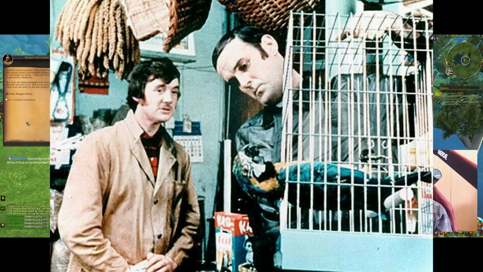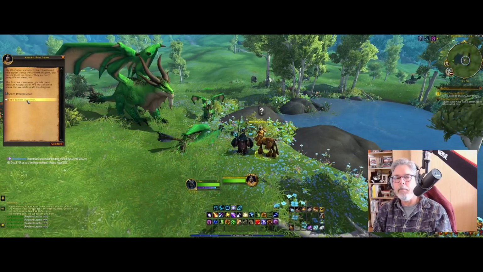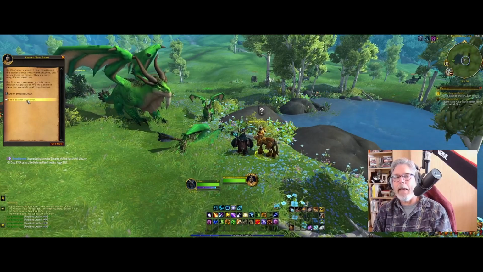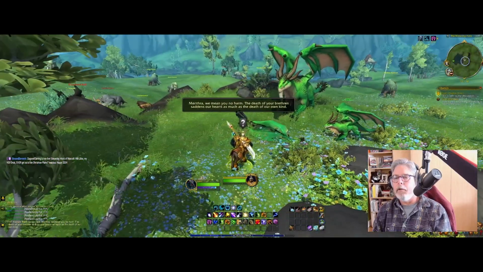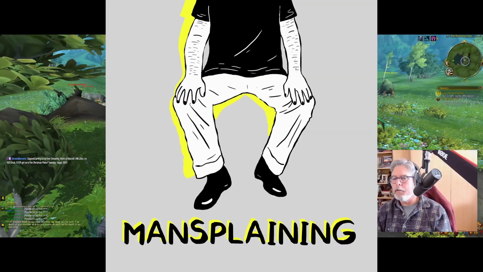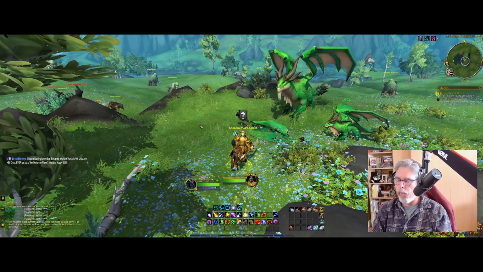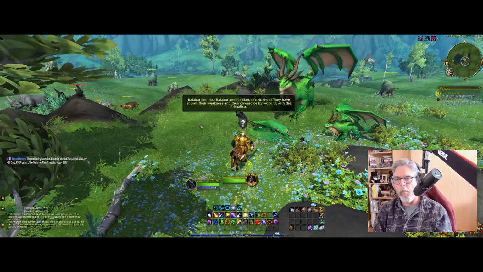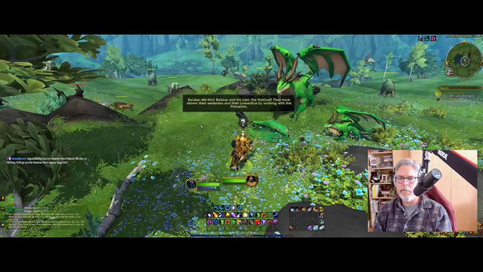But first, we must untangle this mess Balakar has put us in. We must make it clear that we wish to aid the dragons. Let's explain it. Okay, little centaur, we mean you no harm. The death of your brethren saddens our hearts as much as the death of our own kind. Balakar did this. Balakar and his clan, the Nakud.